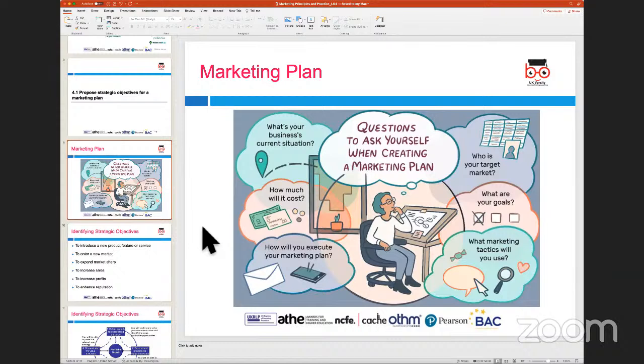Now, when you create a marketing plan, you look at costs, time frame, duration, and what is going to be the return on investment. Then you would also think about target markets, positioning, and segmentation. What could be the goals?